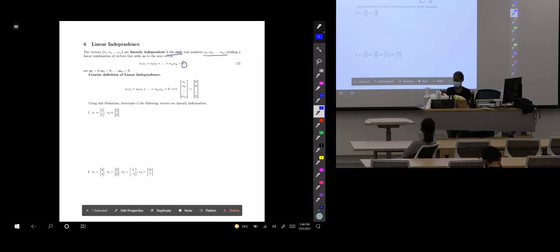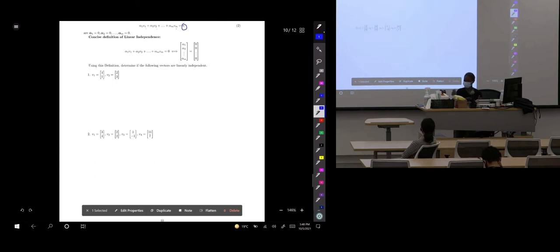So let's take a look at an example. Does that definition make sense? Does that definition make sense on this side of the room? Yeah? Cool. Awesome. So the first question here that we're going to try to address is to determine if the following vectors are linearly independent. What's the first thing that I would need to do here?